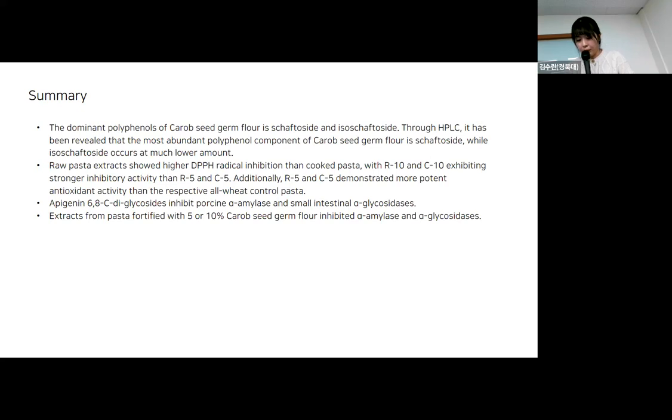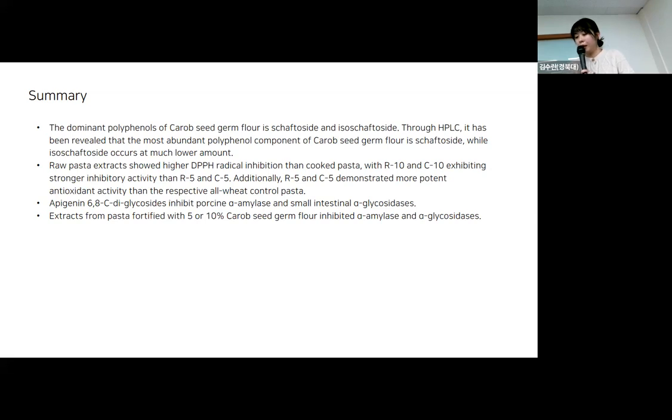So to sum up, the primary polyphenols present in carob flour are schaftoside and isoschaftoside, and schaftoside constitutes the majority of polyphenolic content in carob flour, whereas isoschaftoside is present in significantly lower amounts. The extract from raw pasta shows stronger DPPH radical inhibition than cooked pasta, with R10 and C10 exhibiting stronger inhibitory activity than R5 and C5. Additionally, R5 and C5 demonstrated more potent antioxidant activity than the respective control pasta sample.